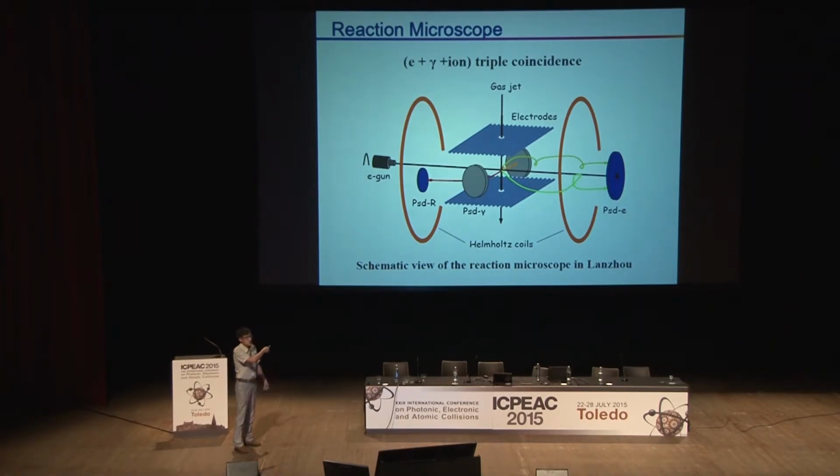And then we use a uniform electric field and magnetic field to guide the ion and the electron to the detectors. We equipped two photon detectors to this reaction microscope. These detectors could detect photons with an emitting angle less than 15 degrees with respect to the axis perpendicular to both the electron beam and the helium beam.